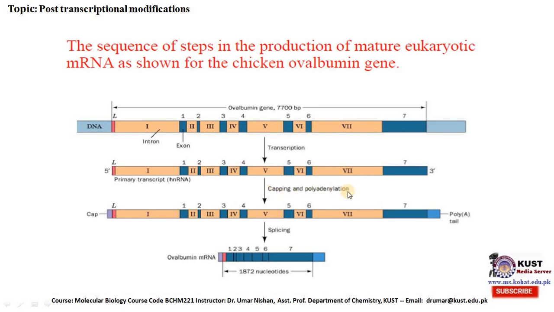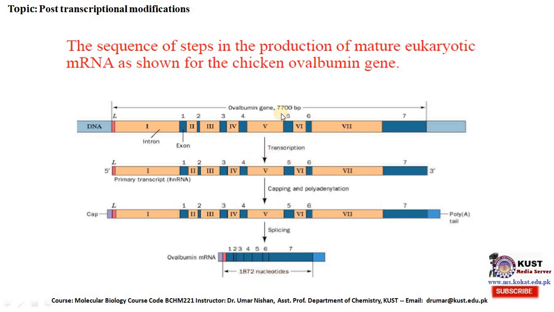Now, capping and polyadenylation of this will result in the formation of the cap here, and the poly A tail is added here. Once this is done, it is followed by splicing. Splicing will remove the introns, the non-coding portion, and the exons, the coding portion, will be ligated. Ovalbumin messenger RNA, now that it is mature, consists of 1872 nucleotides.